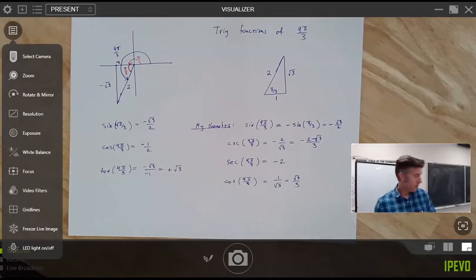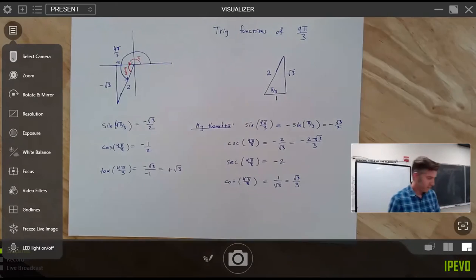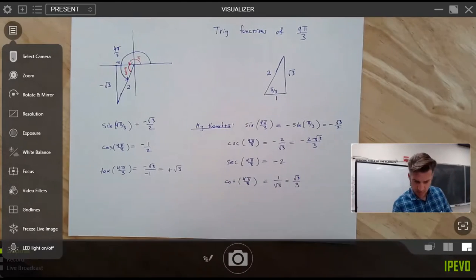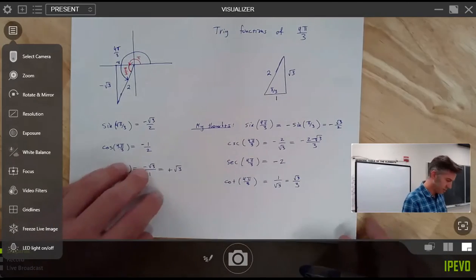So there's a couple more examples in the previous notes that I'm going to skip over because what I really want to say is it all depends on what quadrant the angle lives in. Yeah, let's go ahead and talk about the quadrants.